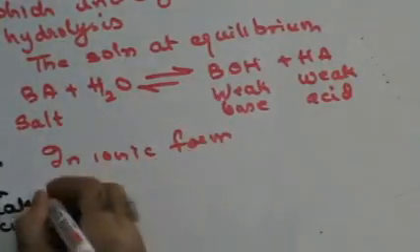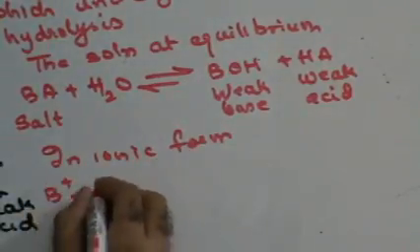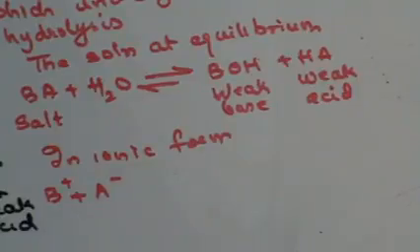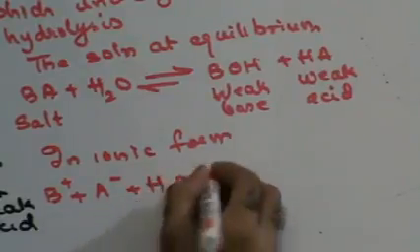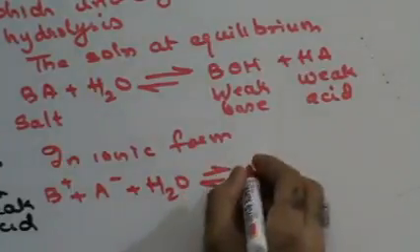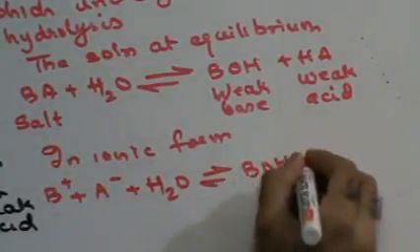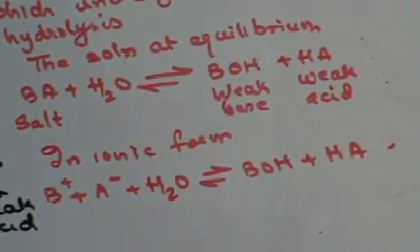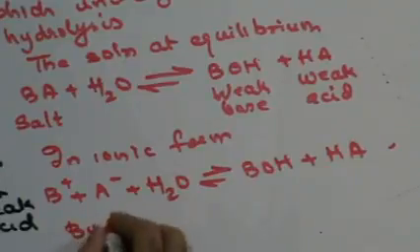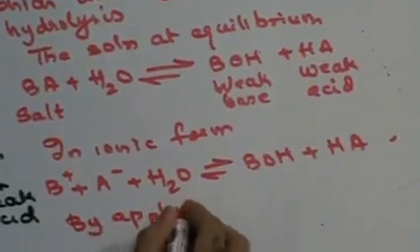In ionic form, the reaction will be: the salt dissociates to give you B plus A minus. Water ionizes, will not dissociate. Weak base will not dissociate. Weak acid will not dissociate. Straight away I can apply law of mass action to this.